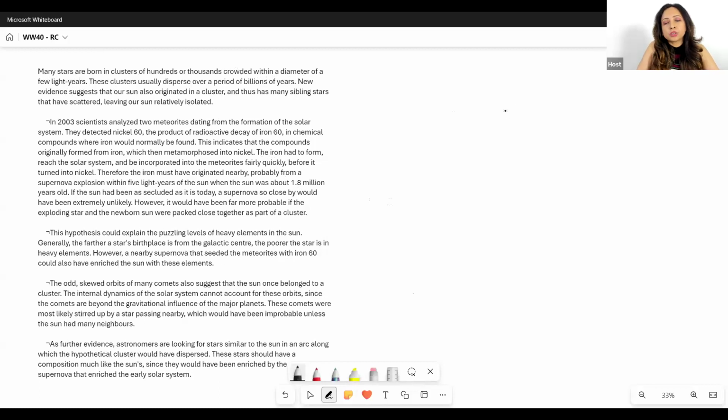Okay, so the moment I read this, there is one little figure that comes to my mind: there is an area of a few light years. Let's say the radius over here is about 5 light years, whatever. Within this, they are saying that many stars are born in clusters of hundreds or thousands. So essentially, stars are born in a cluster.